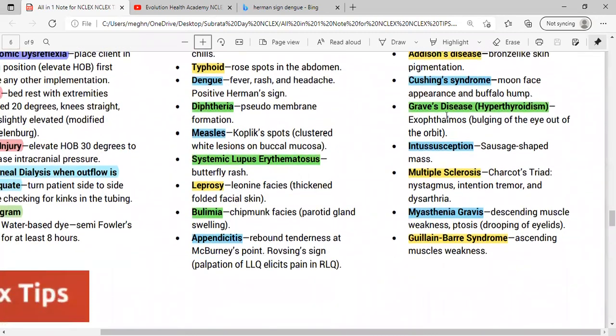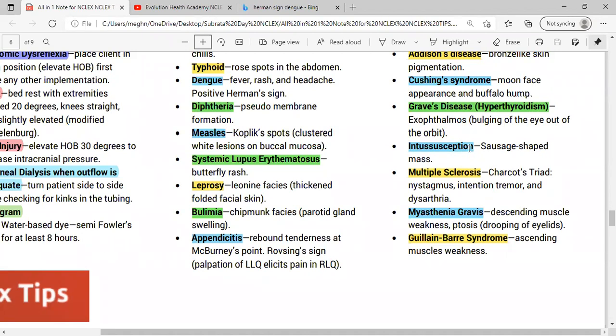In case of Graves' disease, hyperthyroidism, T3 and T4 go up, but TSH goes down. We find exophthalmos, which means bulging of the eye out of the orbit. Intussusception is a GI problem.